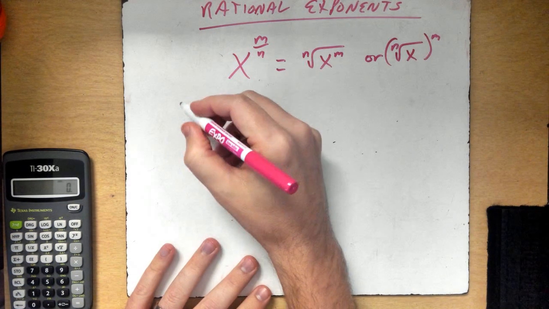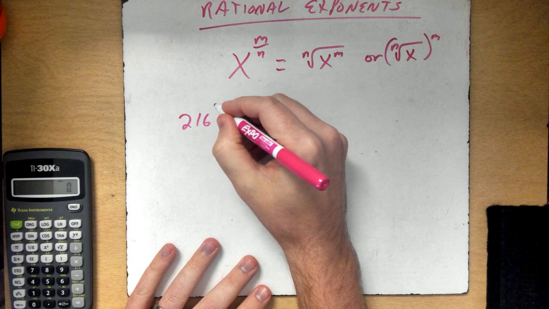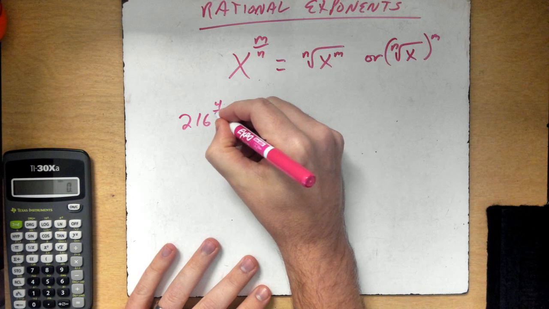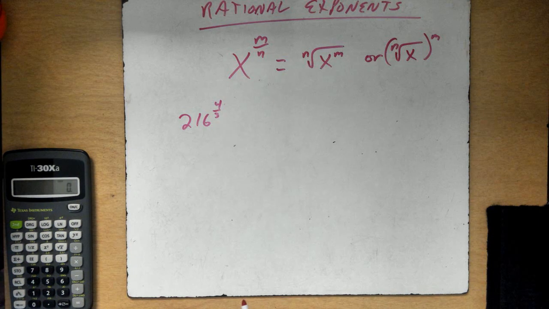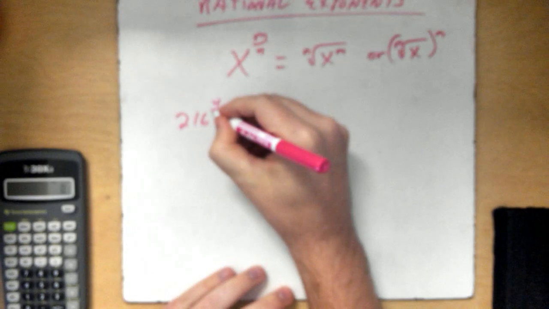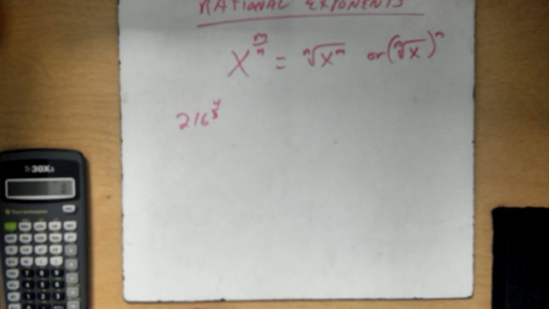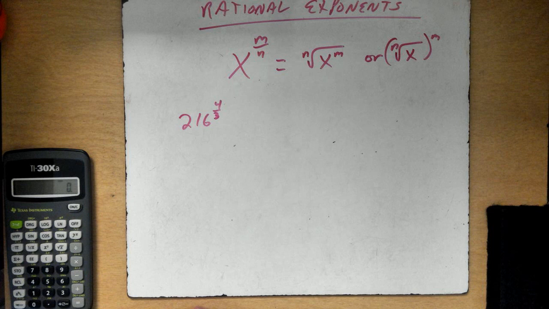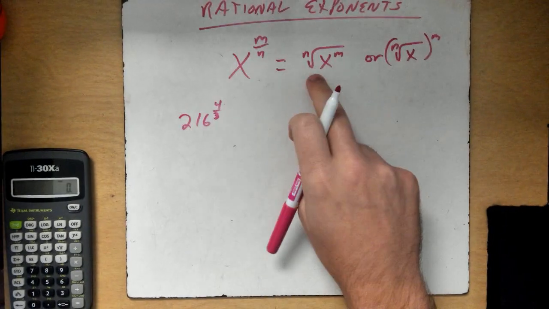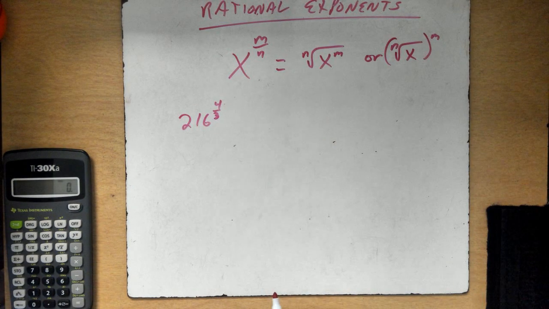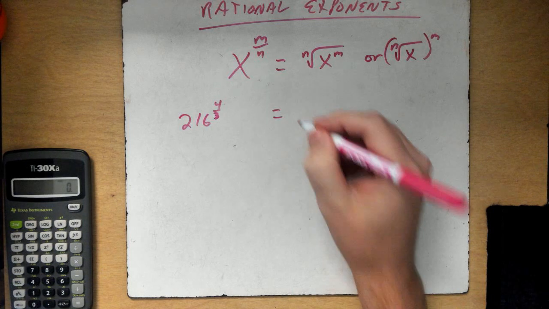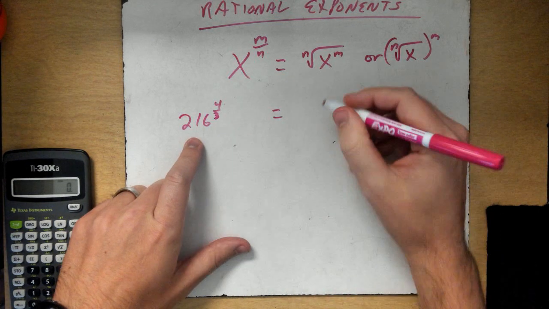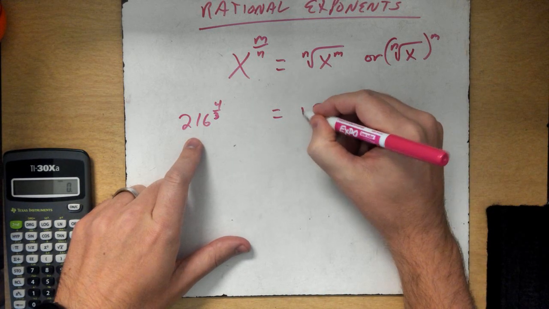Let's do 216 to the 4/3, so 4 over 3 is our exponent. First of all, I'm going to rewrite it as one of these two forms, and I'll write it both ways so you can see. So let's do 216 in our radical.